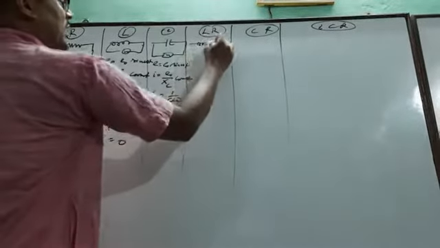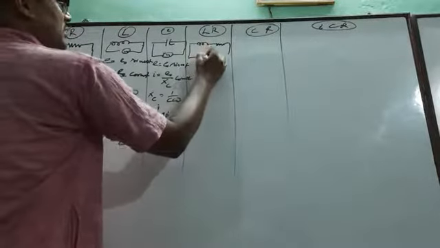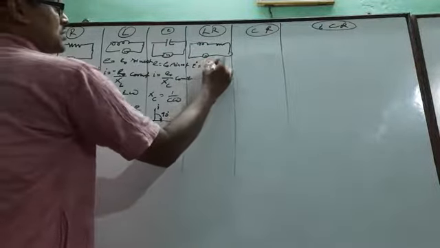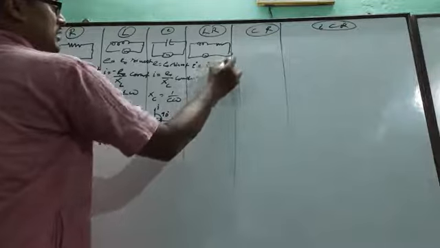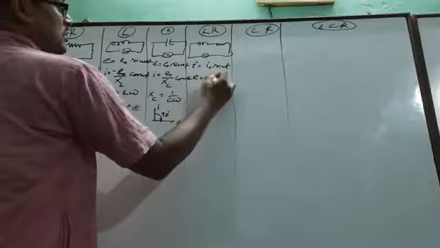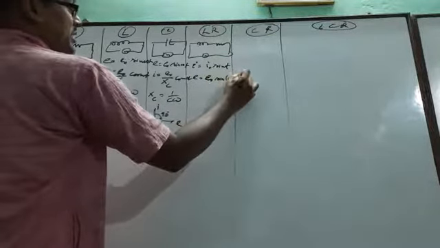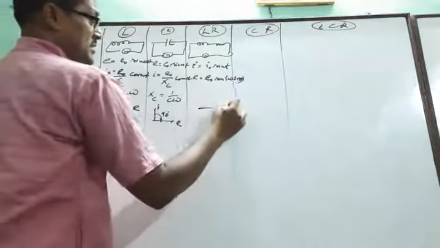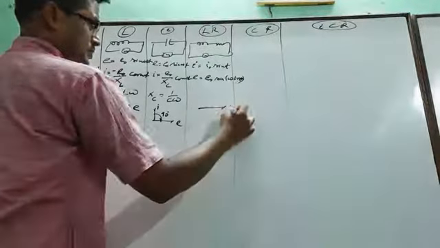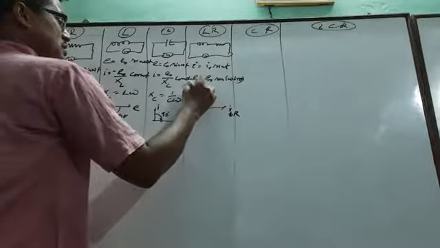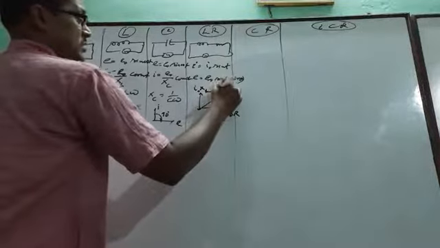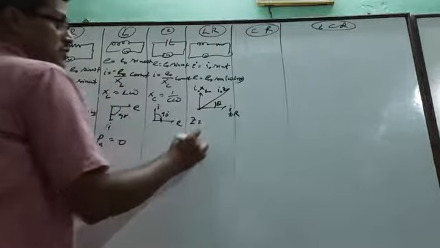This is L and R both present here in an AC circuit. So here I equal to I0 sin omega t, then E equal to E0 sin of omega t plus theta, and this is I0R, this is I0XL, and this is I0 Z. This theta, Z is called impedance.